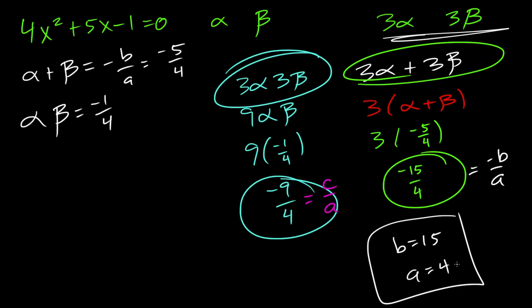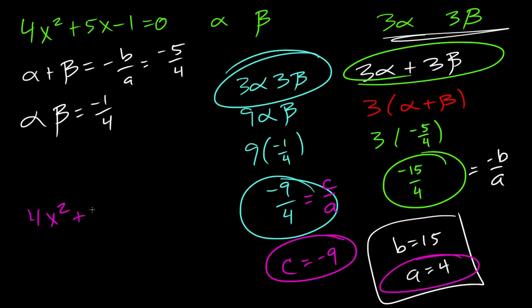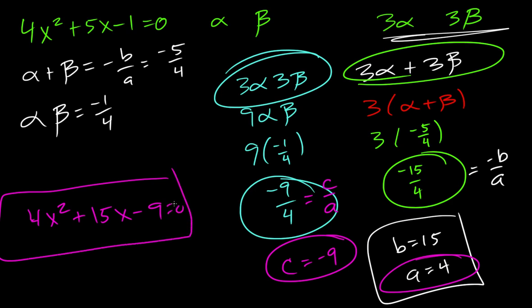Okay, we still have a equals 4, so that's good. And then c is equal to negative 9. And from this we can write the quadratic, ax squared plus bx plus c. And so this would be the quadratic that has the roots 3 alpha, 3 beta.